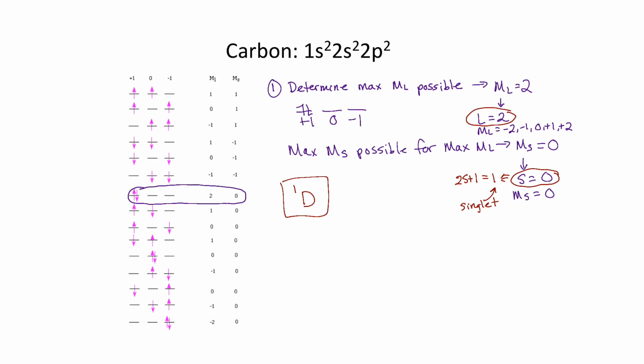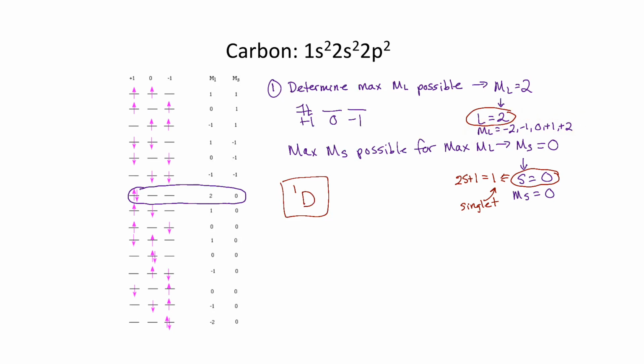Now we can assign this term symbol to all of the possible combinations of m sub L and m sub s that we have for those given values of L and S. Okay, so we've already said that we get possible m sub L values of -2, -1, 0, +1, and +2.